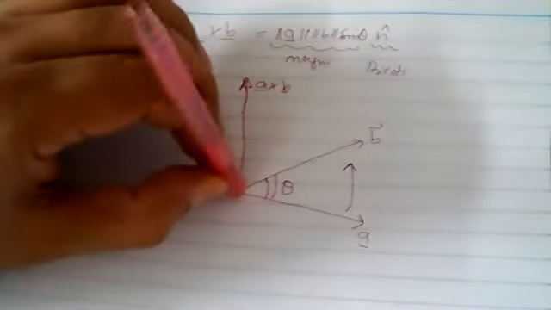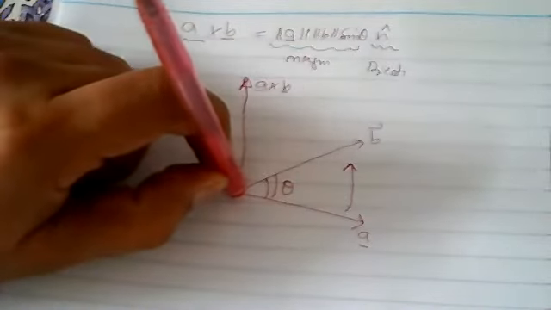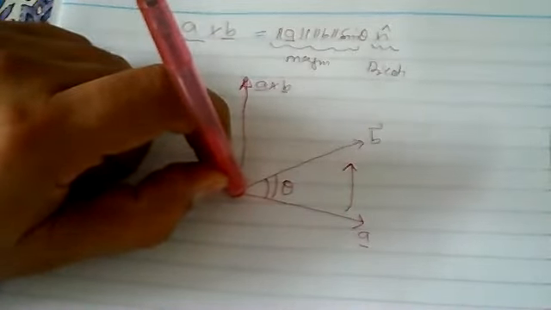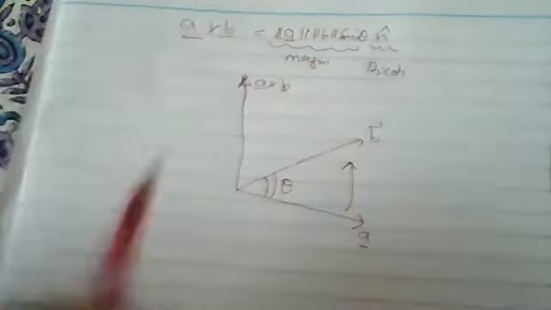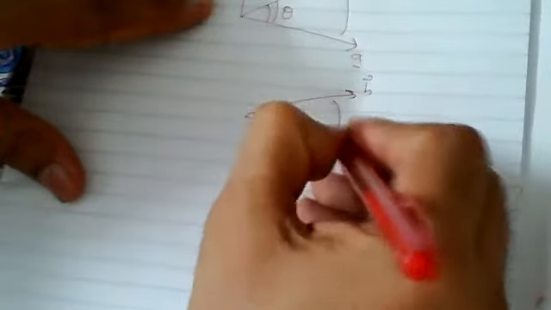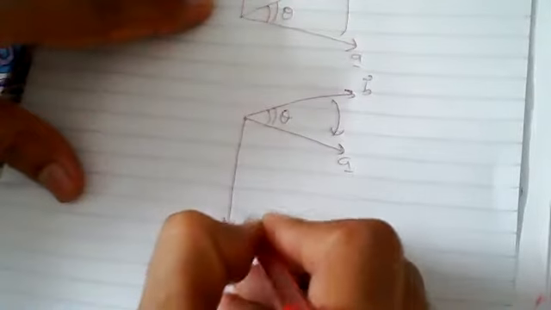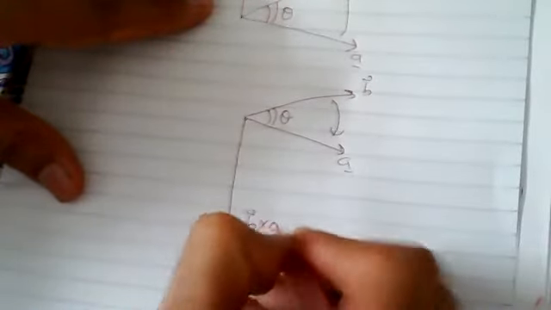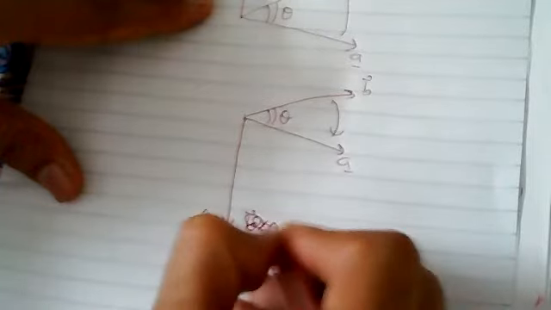This is a normal vector perpendicular to both A and B. It is perpendicular to the plane containing A and B. If you rotate in the clockwise direction, then the normal will be in the downward direction. If you rotate from B to A, meaning clockwise direction, then the resultant will be downward. This is your B cross A, the resultant in the downward direction.